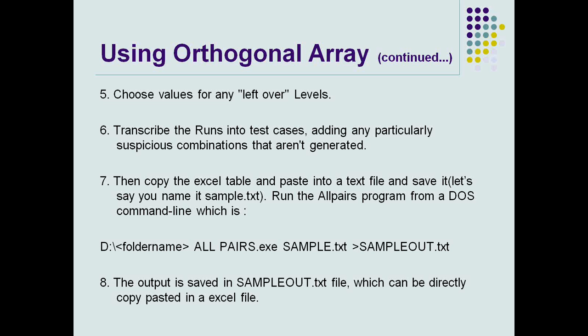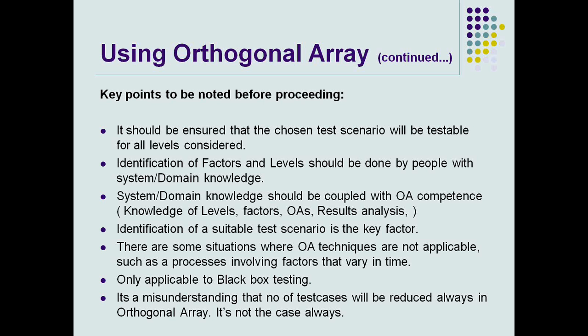Then you should mention the sample.txt file and then a greater than sign, and you should update an output file name in the form of a text file. So once you enter this path and press enter, you will get a sample output which can be used further in order to perform the combinations or get the end results. I'll show you one example in the coming slides.